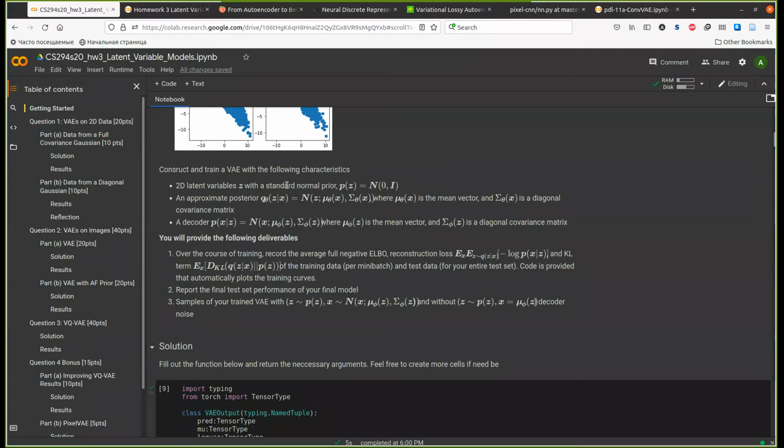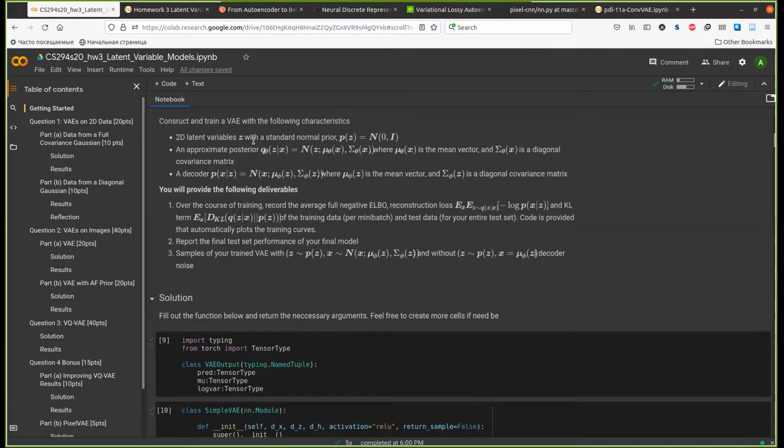with a standard normal prior. So we have a prior which is normal with zero mean and a diagonal covariance matrix with ones across the diagonal, right? And we will model the posterior with an encoder, and the decoder will output means and diagonal elements of the diagonal covariance matrix.